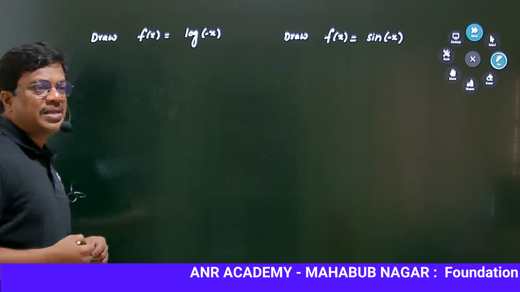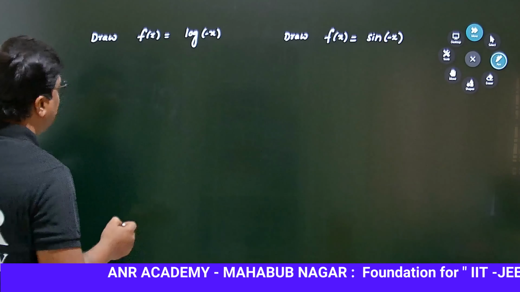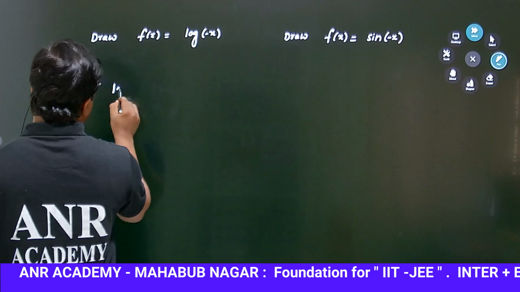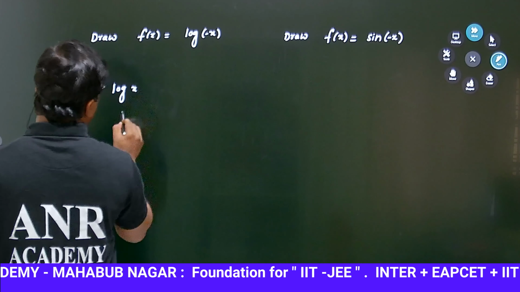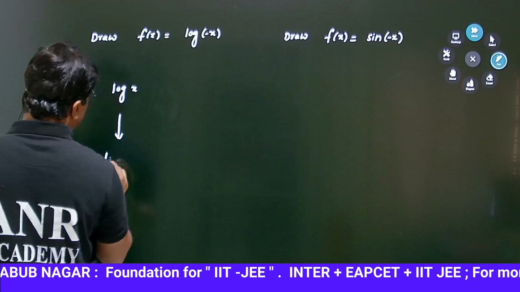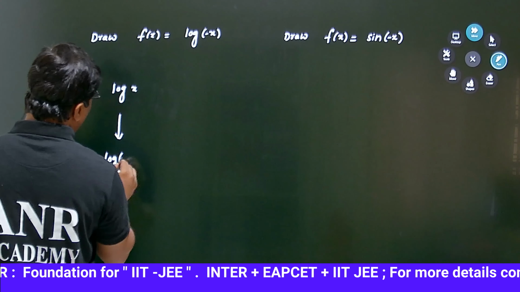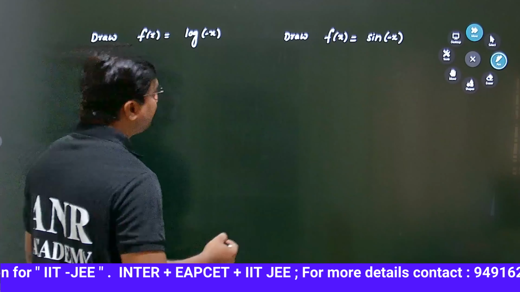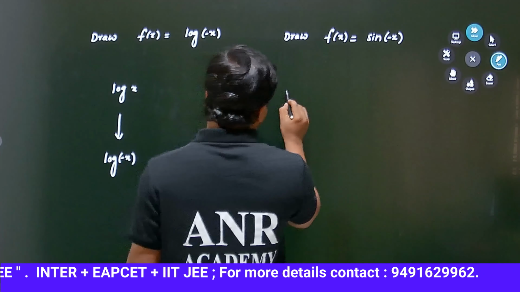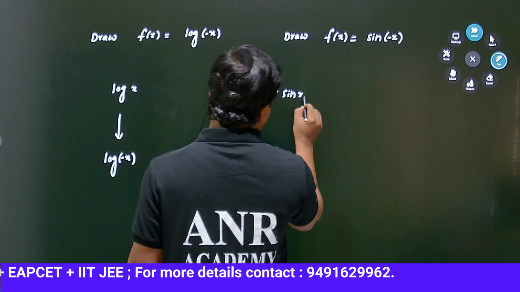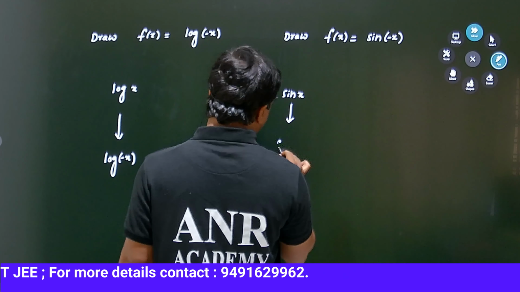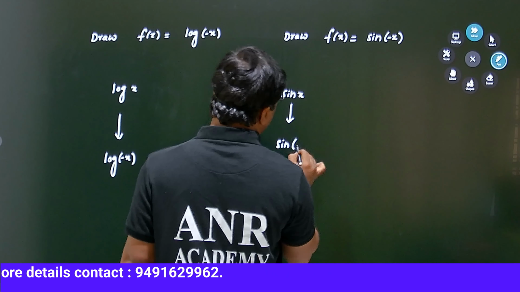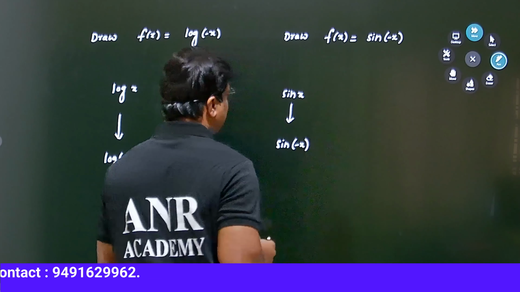See the transformation in both the cases. First you have to draw the graph of log x, and then the transformation log of minus x. Here first we have to draw the graph of sin x, and then go for the transformation sine of minus x.